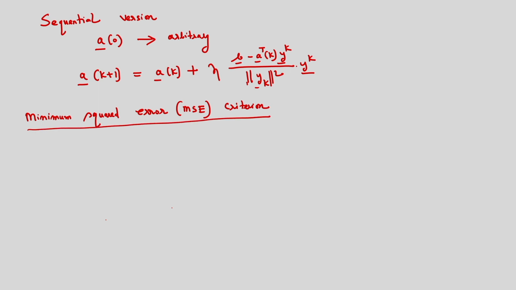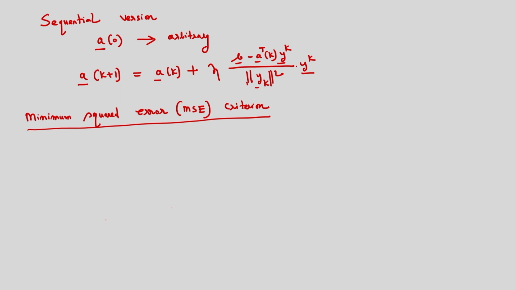In case of the perceptron criterion, and also the relaxation criterion, they can perfectly classify when the classes are linearly separable. In the perceptron criterion we considered that the classes are linearly separable, and similarly in the relaxation criterion also.